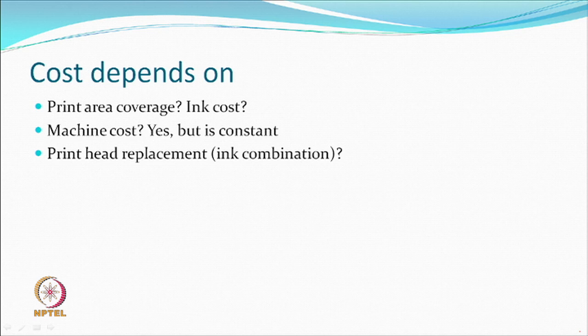I mean, your wastage is very, very less than anything else. Most of what is in a drop has some other solvents and chemicals, but mostly it is ink, and the ink is concentrated, and so it is used. So, it is effectively based on coverage, the cost due to ink.